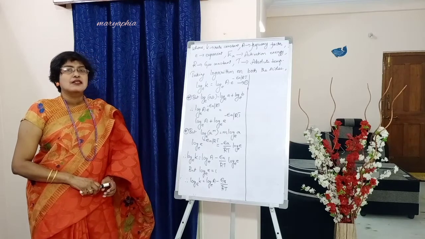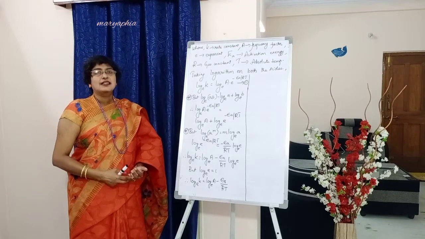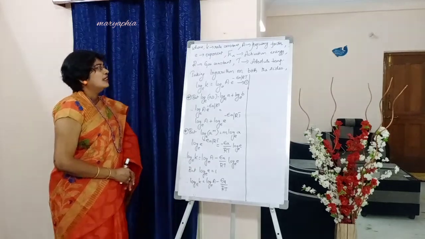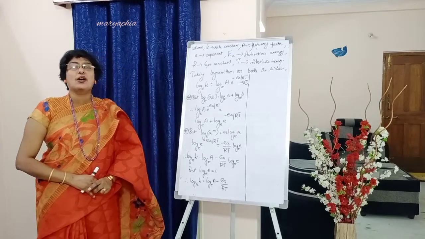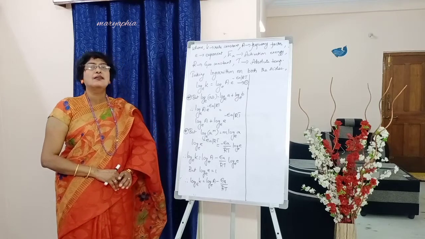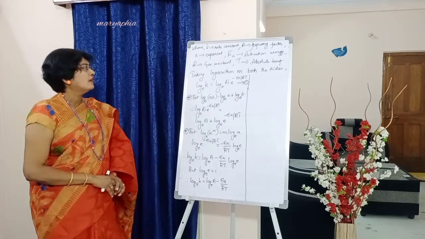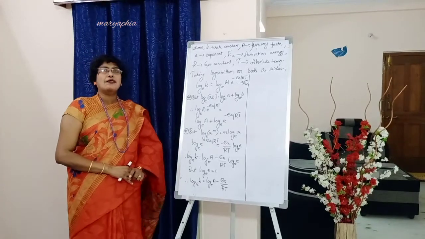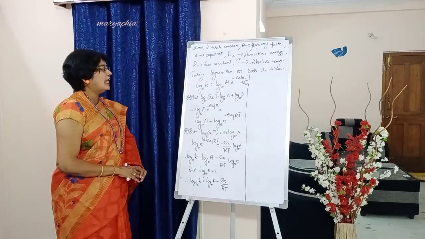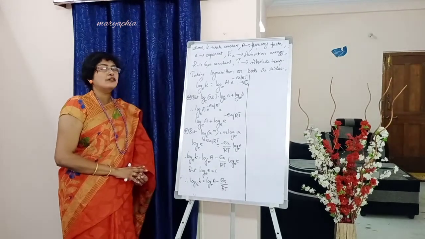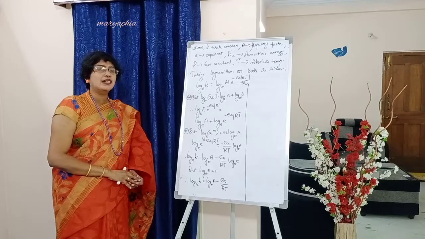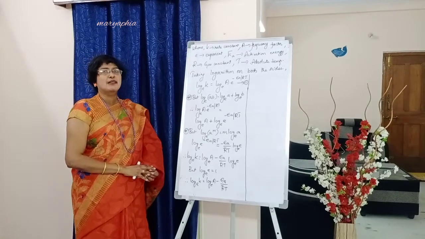Okay, now this equation we will extend, students. Fine. So how are we going to do that? Taking logarithm, write down below. Taking logarithm on both the sides. Log of k base e equals log of A into e to the power minus Ea by RT base e.